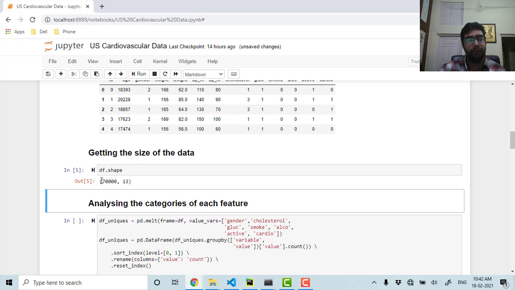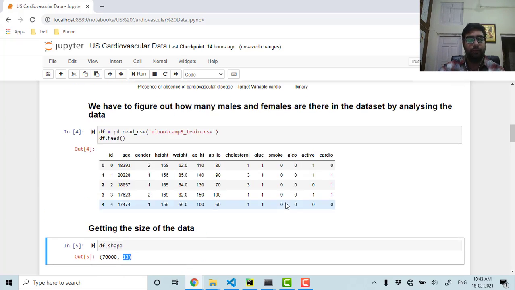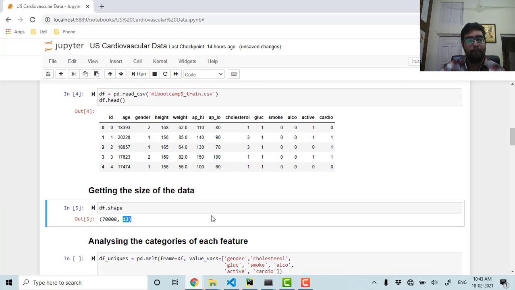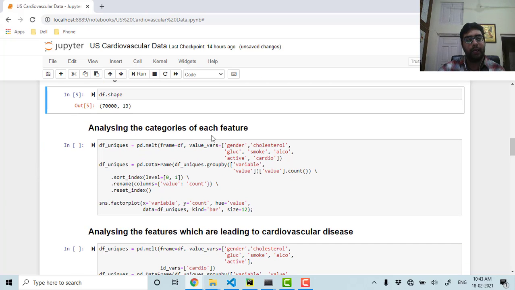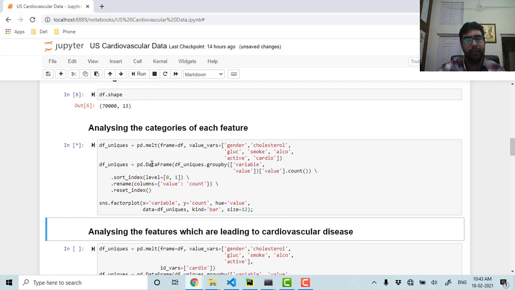So we have around 70,000 samples and 13 columns: 12 features and 1 target variable. Now we are analyzing the categories of each feature. Let's analyze how these features are distributed in our data set.